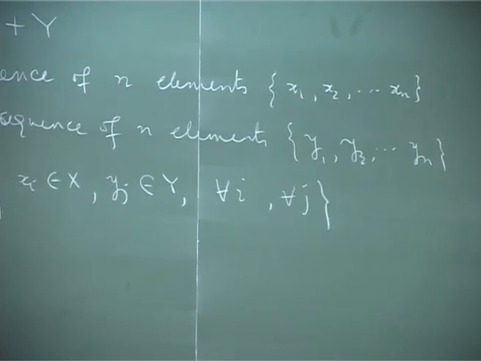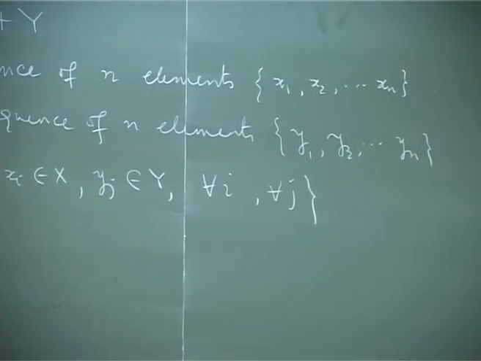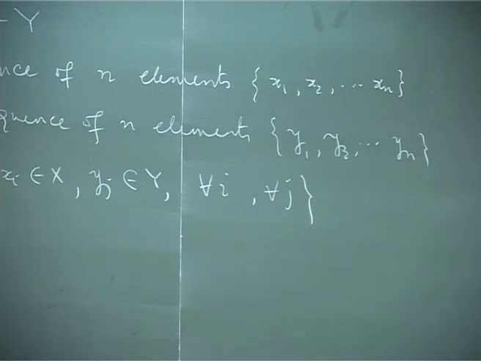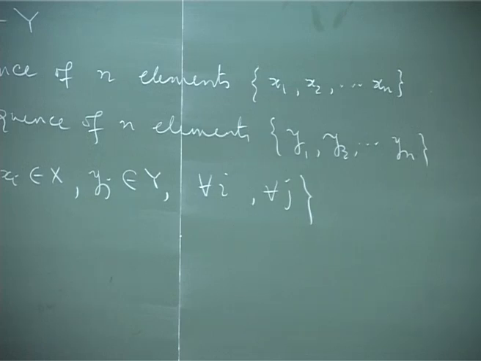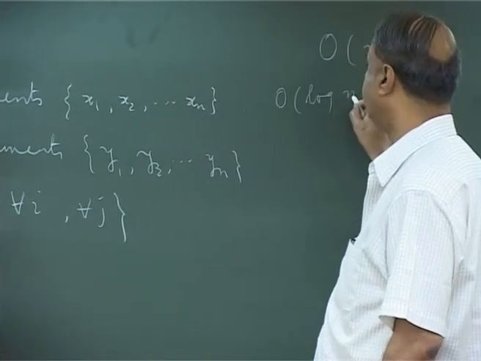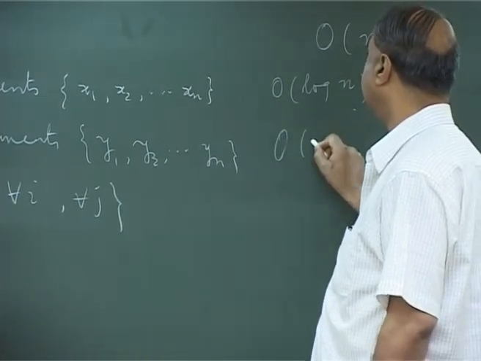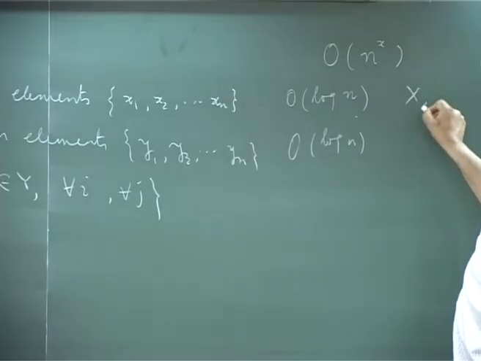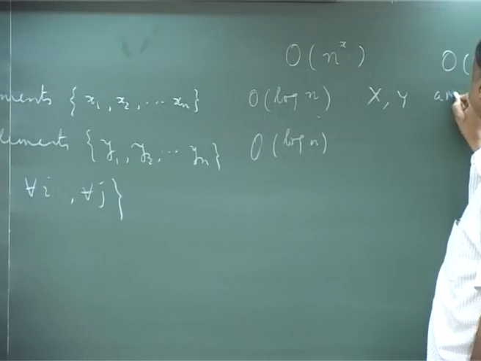Similarly, I sort Y using n processors in order log n time, because that is the cost optimal algorithm we have. So without any loss of generality, we assume that X is sorted and Y is also sorted.